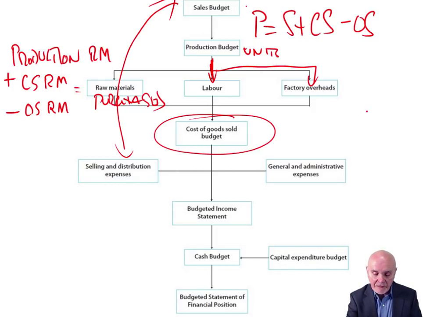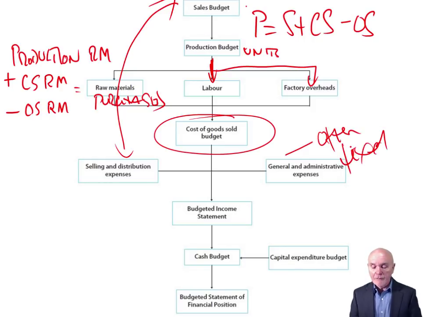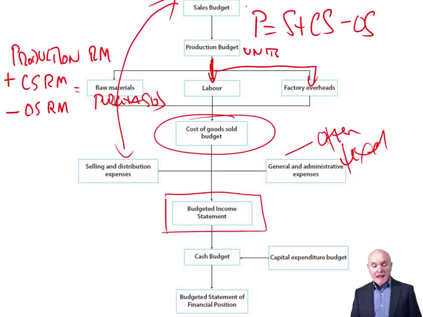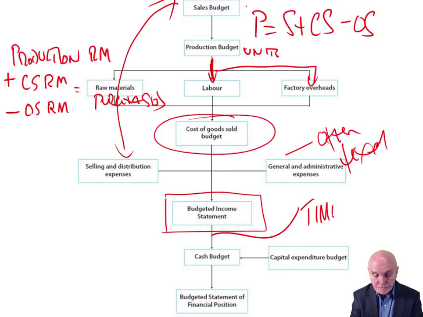Often the general and admin expenses are fixed. So it could be rent every month, insurance every month, administrative salaries every month, maybe depreciation every month, and so on. We get the budgeted income statement, the budget and profit and loss account, if you like. And then what we want to get is the cash budget. And the big thing in here, of course, is your timing differences.